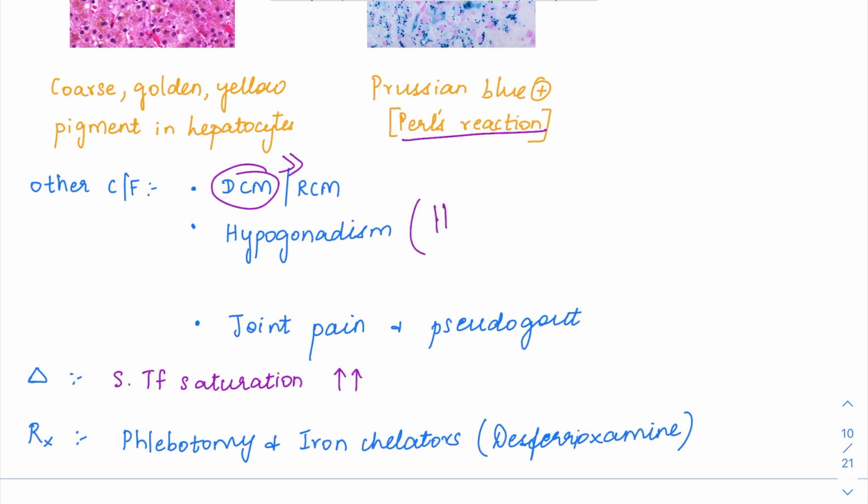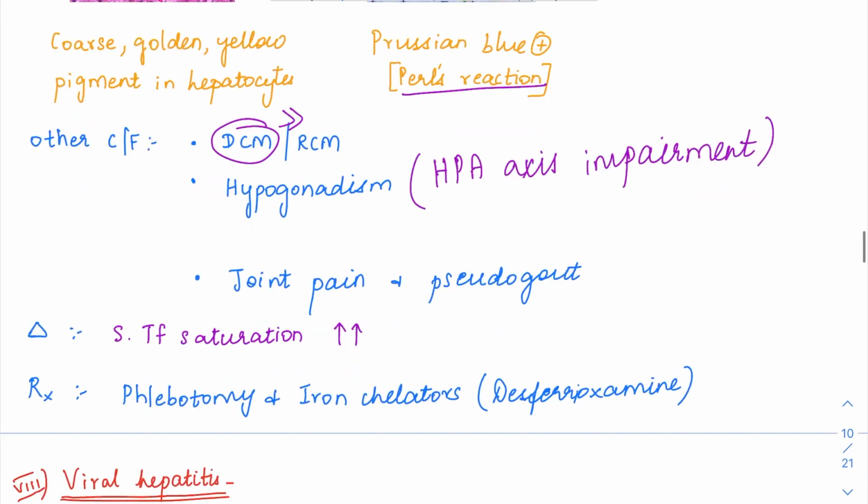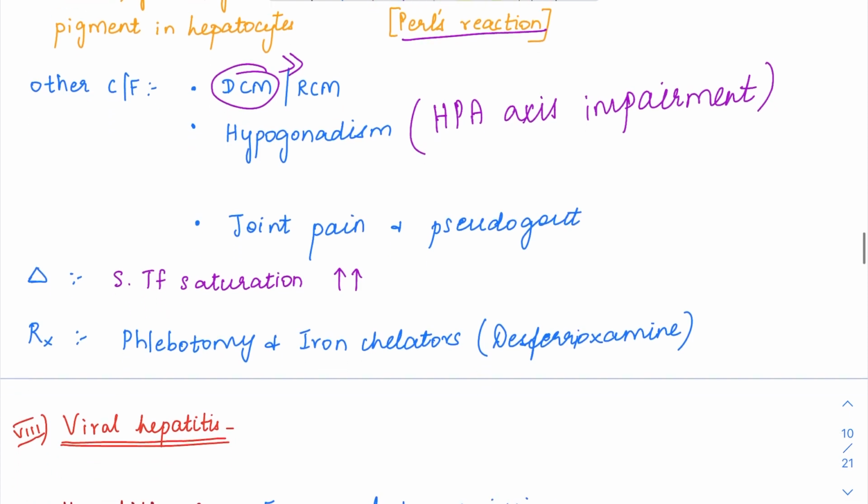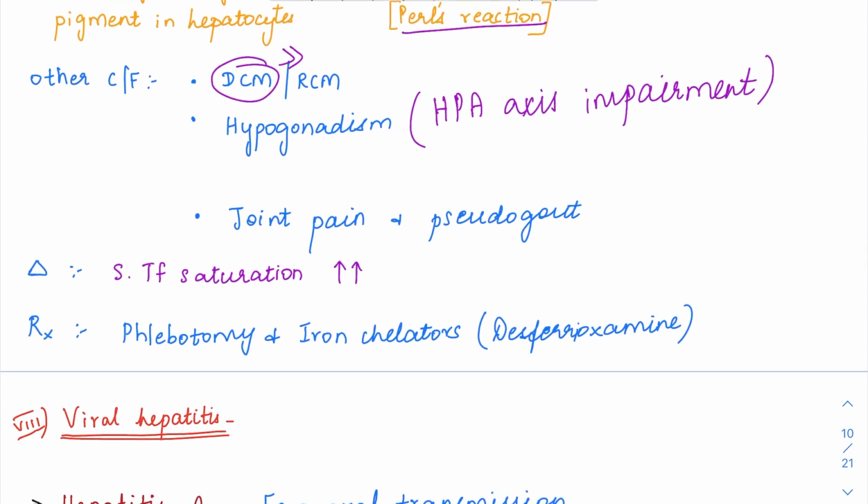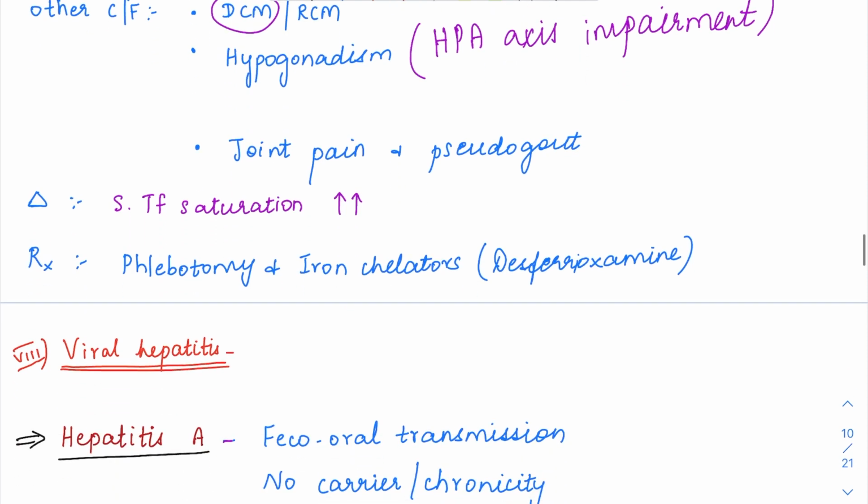It is actually because of HPA axis dysfunction. Okay, so the hypothalamic pituitary axis is going to be impaired, and because of that only it is going to present, but not due to deposition of the hemosiderin in the gonads. Remember that. Then the patients can also have joint pain and pseudo-gout kind of presentation.